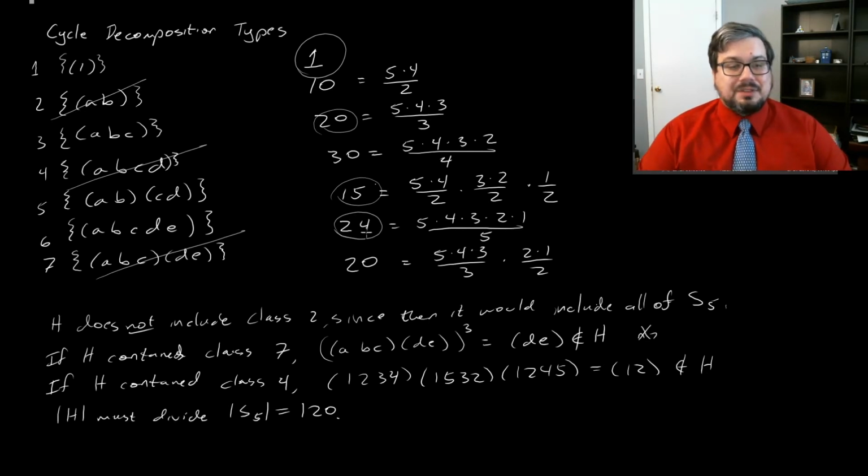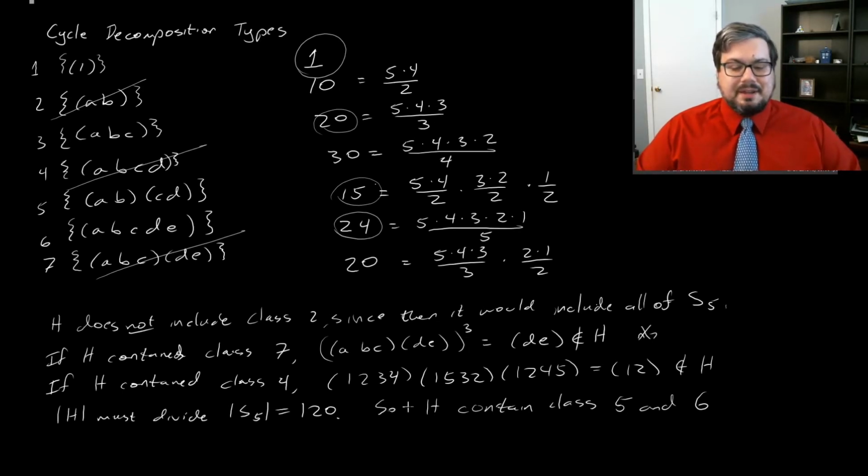And it turns out that the only combinations of these numbers that give you something that divides 120 is if you include all 4 of them, or if you include the first one and class 5 and 6. So this shows that H must contain class 5 and 6, since the order of H must divide 120.